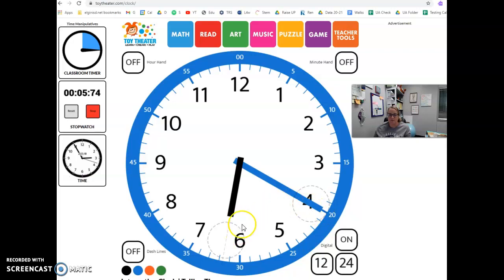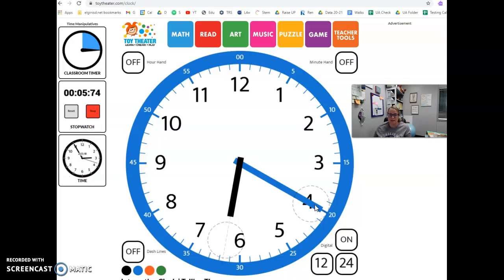So if I count those 20 minutes, my minute hand is now at the 4, which is 20 minutes. And my hour hand is between the 6 and the 7. So that means that it's still in the 6 o'clock hour because it hasn't made it to 7 yet. So 6:20.